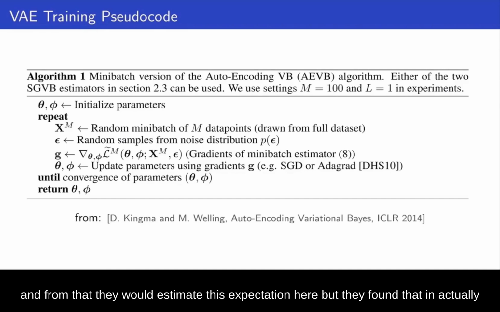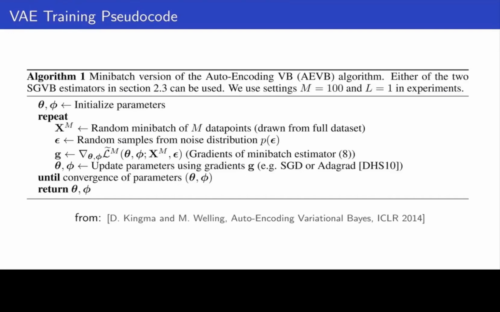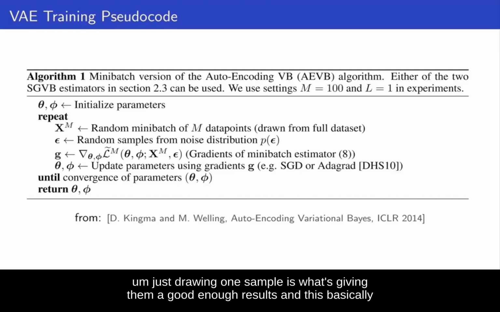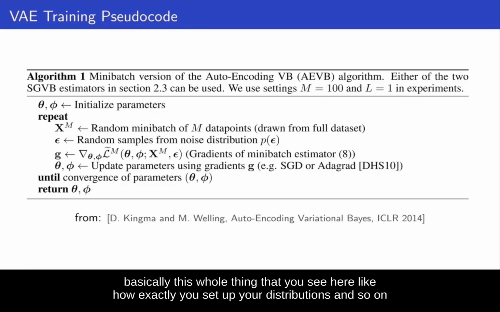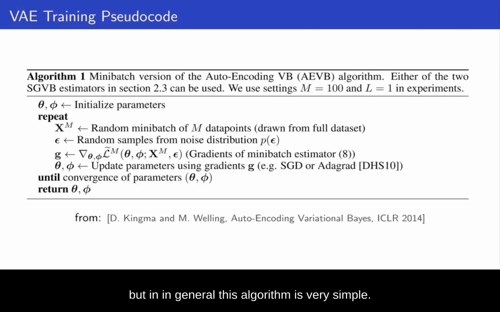But they found that just drawing one sample gives them good enough results, and this has an additional regularization effect. You do that until convergence. There's how exactly you set up your distributions and so on, but in general, this algorithm is very simple.